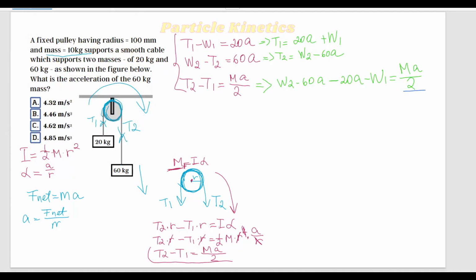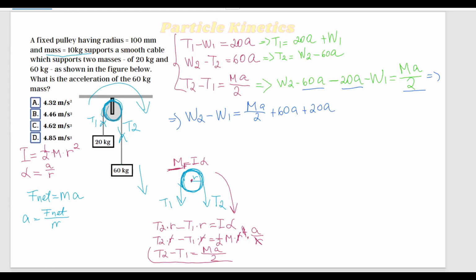Now, let's move all the members that have acceleration to one side. So I will get, moving forward, let's say results, W2 minus W1 equals MA over 2 plus 60A plus 20A.